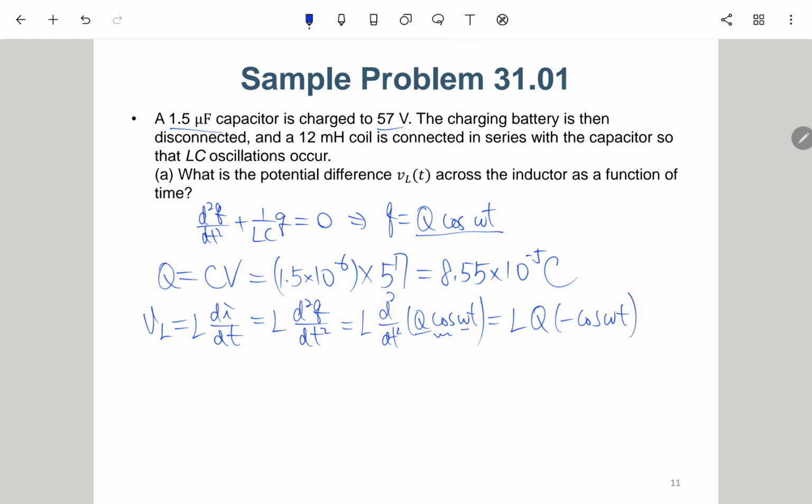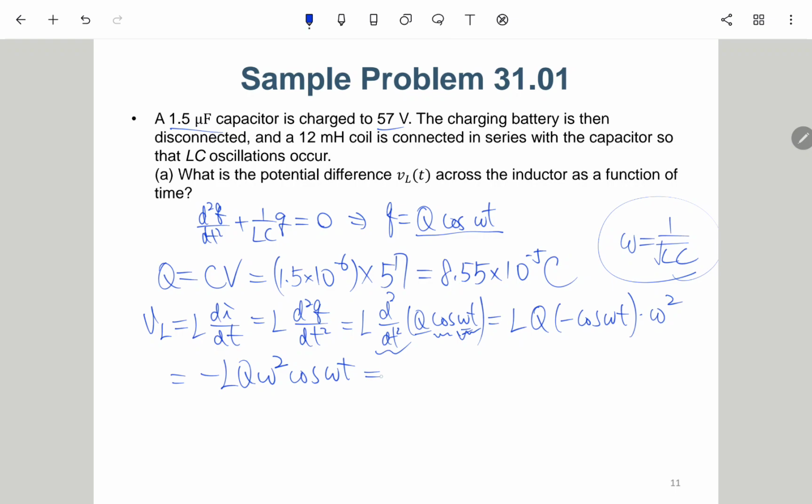And then we need the chain rule. Taking the derivative of this becomes omega, but we need to do it twice, so we multiply by omega squared. Altogether we have negative L Q omega squared cosine of omega t. Then we plug in omega equals 1 over square root of LC, or omega squared equals 1 over LC.